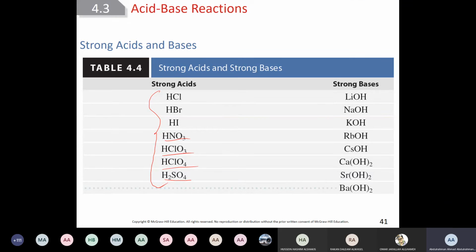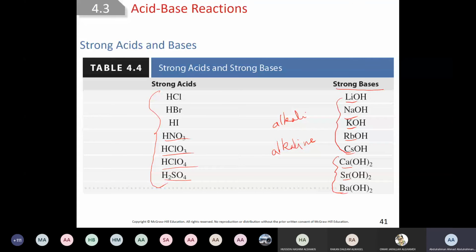On the other hand, the strong bases, according to Arrhenius, are the alkali and alkaline metals hydroxide. Sodium, potassium, rubidium, cesium, calcium, strontium, barium. These are the alkali and these are the alkaline.